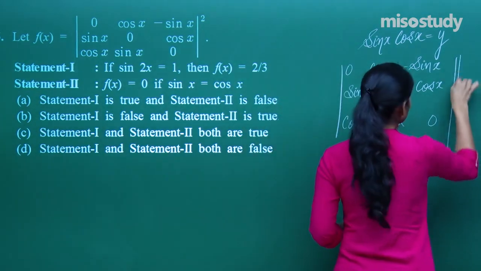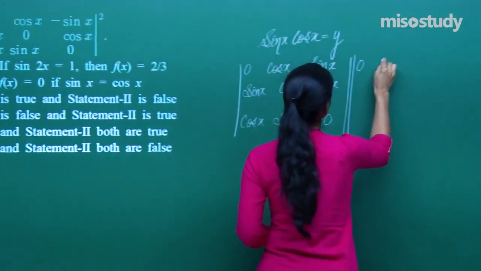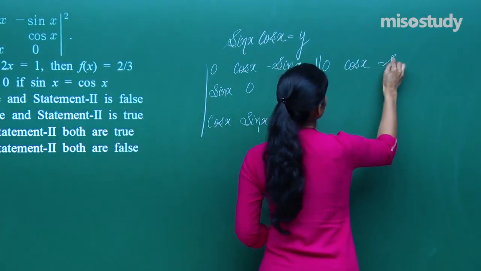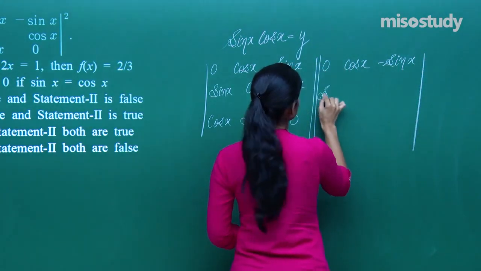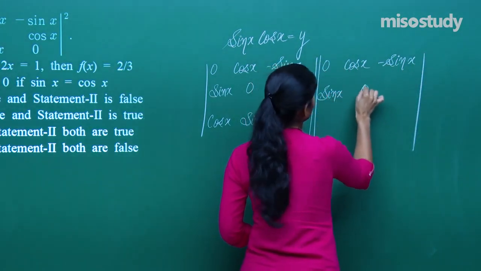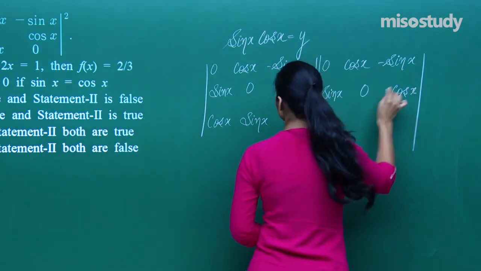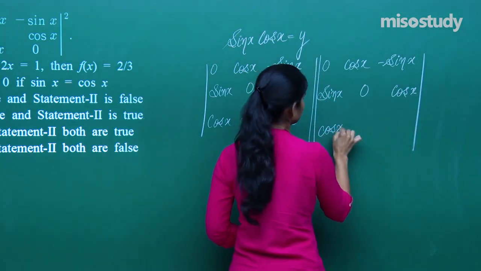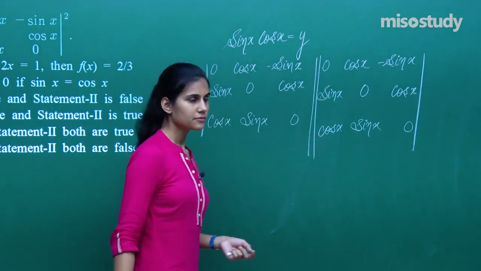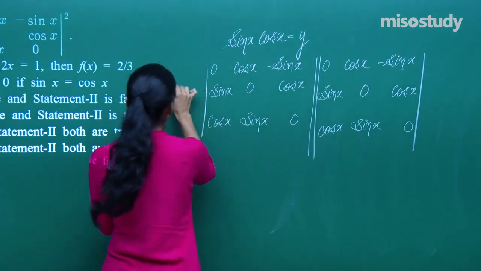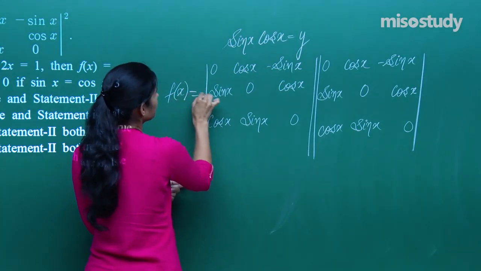After this, multiplied by the same determinant 0, cos x, minus sin x; then you have sin x, 0, cos x; and then you have cos x, sin x and 0. Okay, this is what is your f(x).